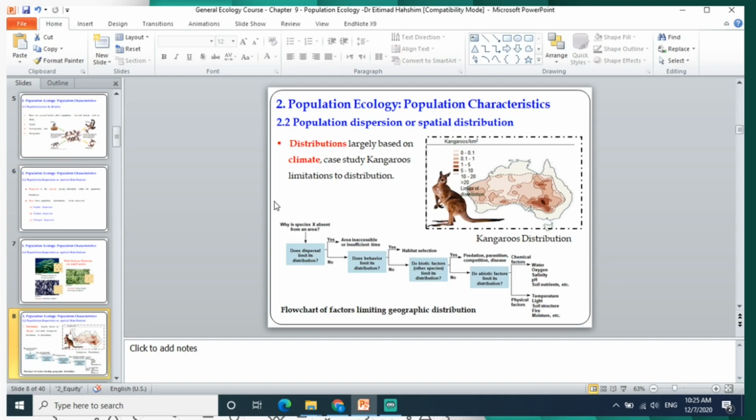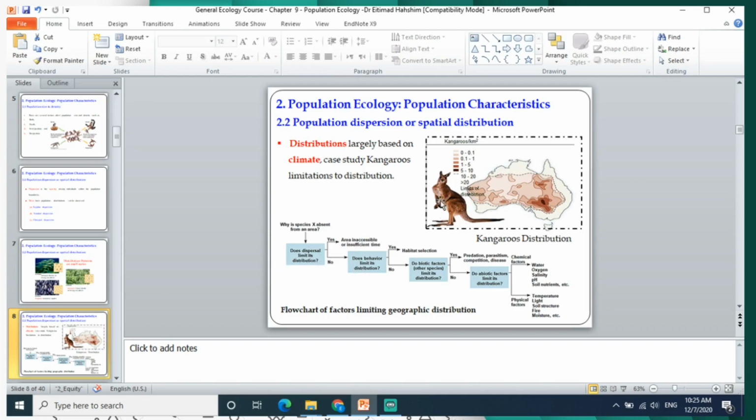Distribution is largely based on climate, and here we have a case study of the kangaroo to see how scientists study the distribution of these animals. According to the flow chart of factors limiting geographical distribution, there are some questions that can answer why it is found in some areas and why it is absent from other areas.